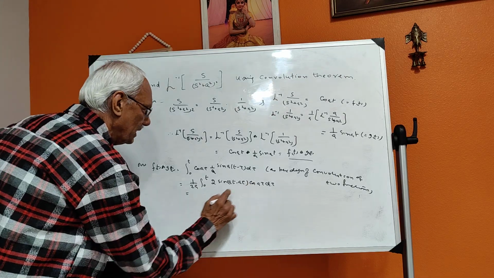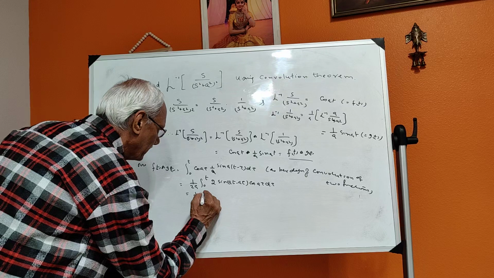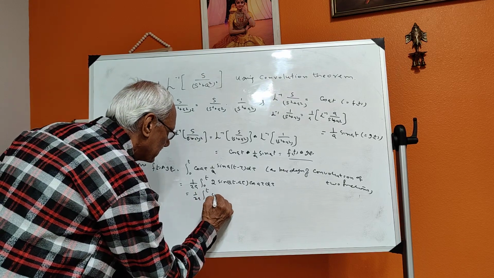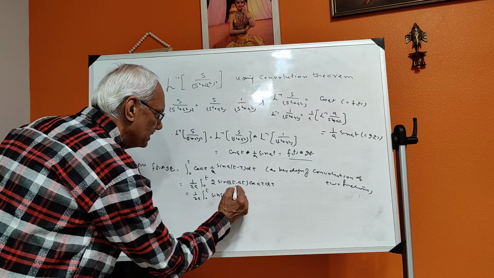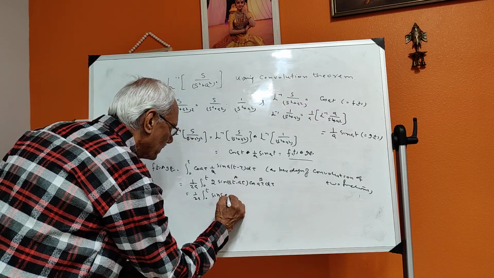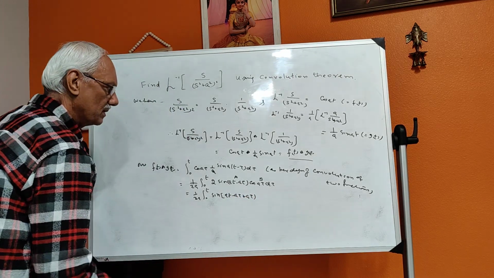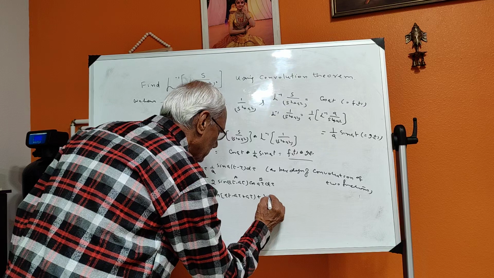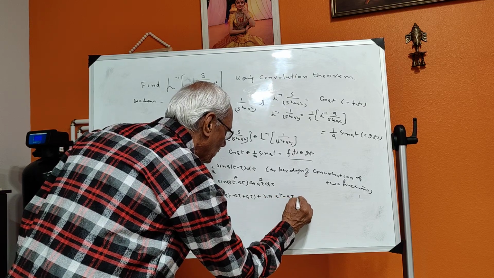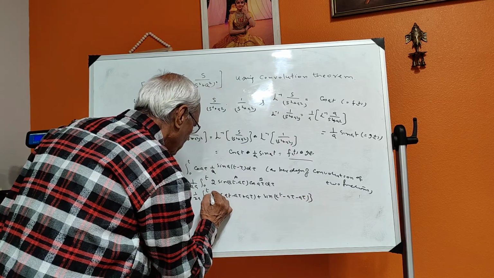So 2 sine A cos B is equal to sine of (A plus B) plus sine of (A minus B). So this is equal to 1 by 2a, integral from 0 to t of sine of (at minus a tau plus a tau) plus sine of (at minus a tau minus a tau) d tau.